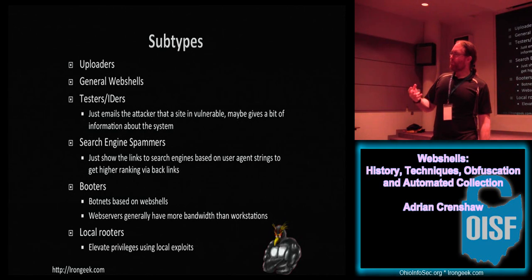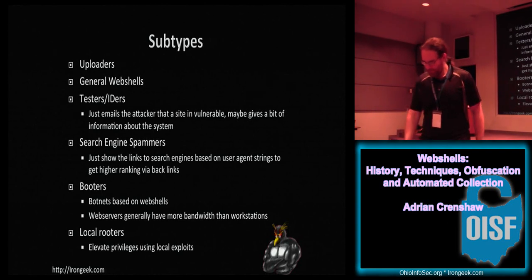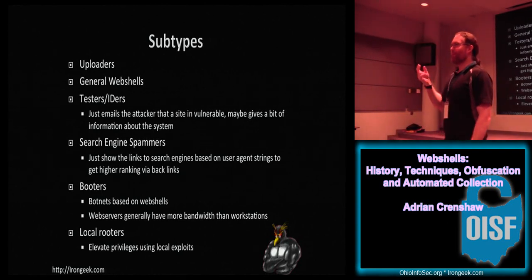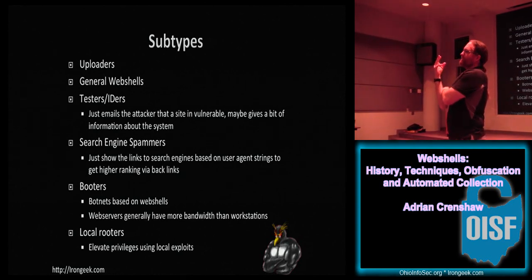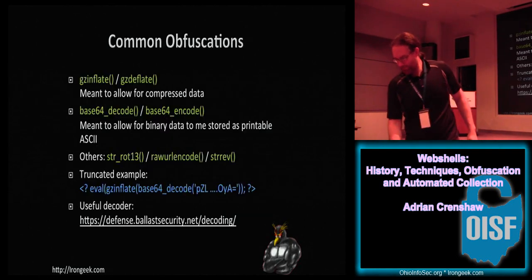So what a local router does is once you have the script running on the remote box, it uses local exploits to try to elevate privileges to, let's say, root, and then you can do anything you want. So this is one of the reasons that even if someone is running a web server as something less powerful than root, someone might still be able to get root access via it.